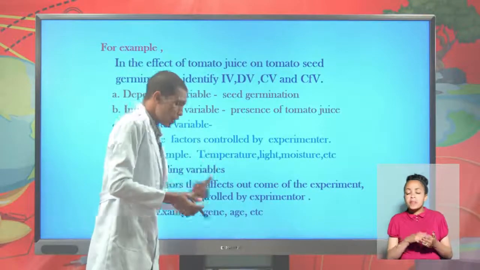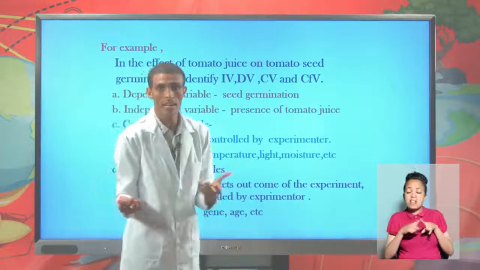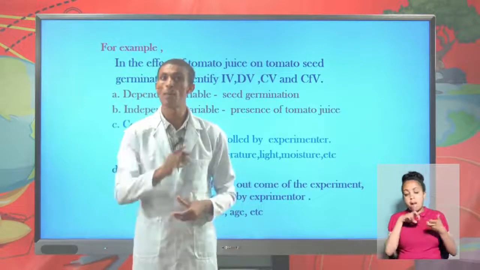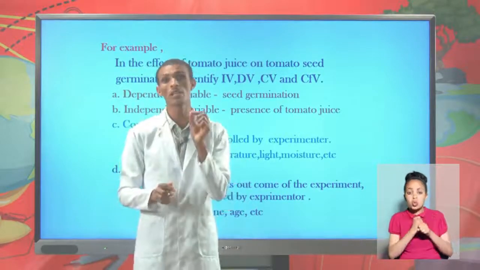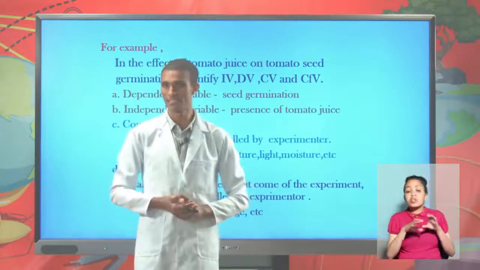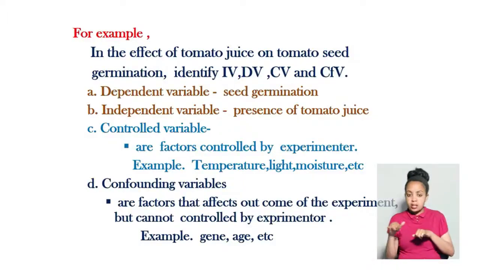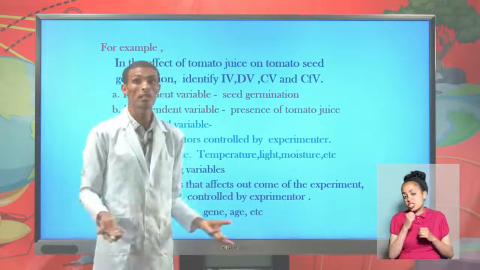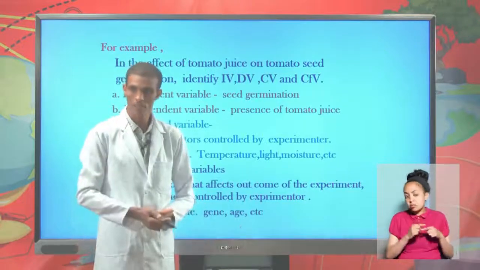Whereas the controlled variable is a variable that can affect our problem but cannot, because it is held constant by the experimenter. Just like temperature may affect seed germination, light may affect seed germination, moisture may affect it too, but they cannot because they are held constant.